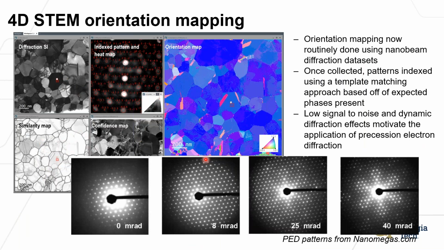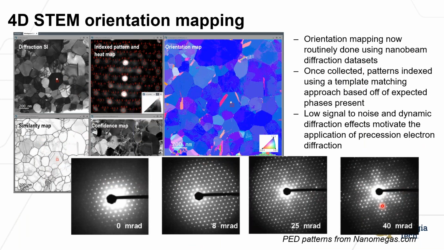So in precession electron diffraction, here we just have a range of diffraction patterns with different precession angles used. What we're doing here is, instead of just collecting electrons going straight through your sample, you're tilting your beam and rotating it about an axis. That smears out many of your dynamical diffraction effects, giving you a cleaner kinematic pattern.